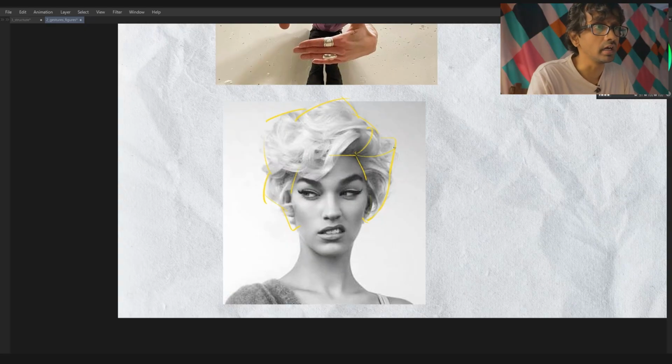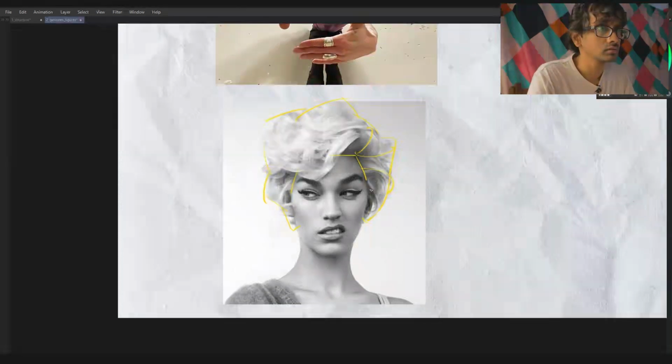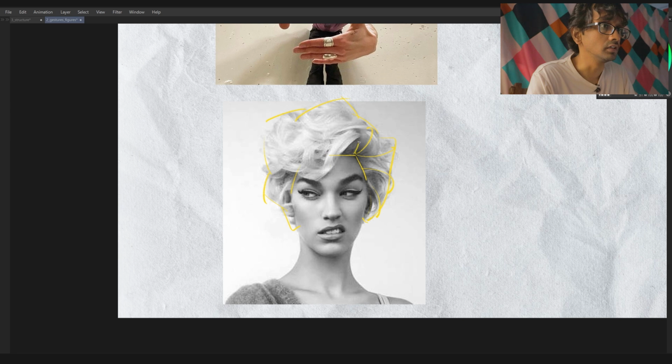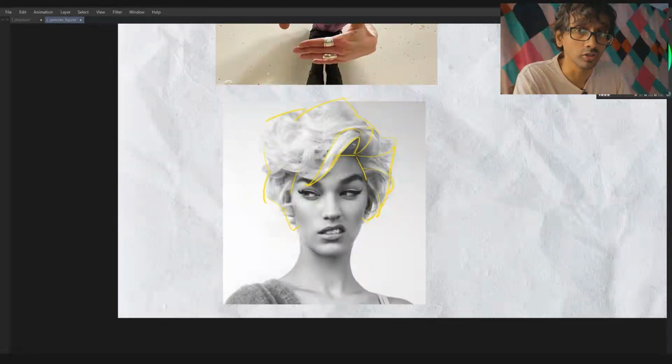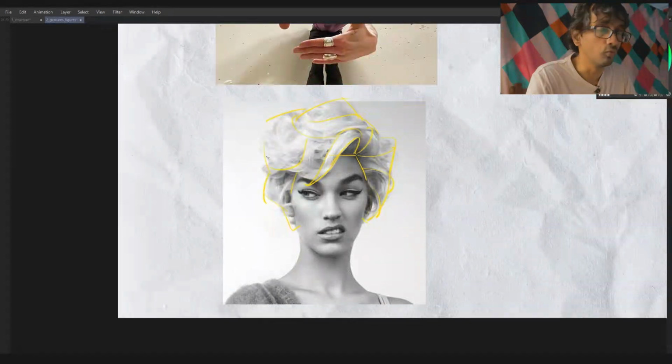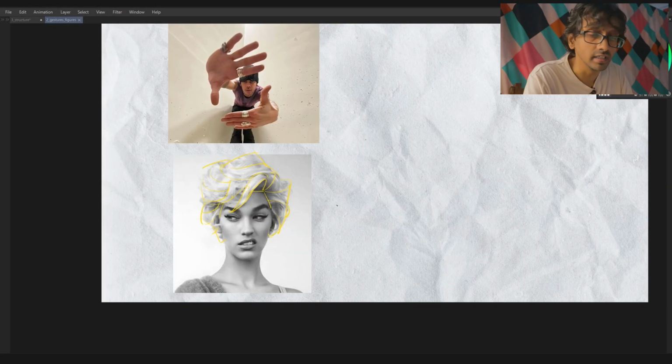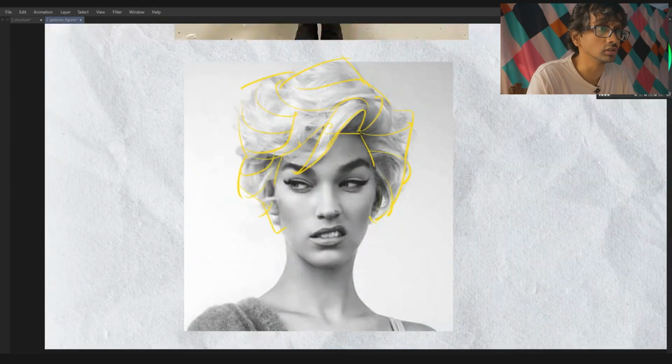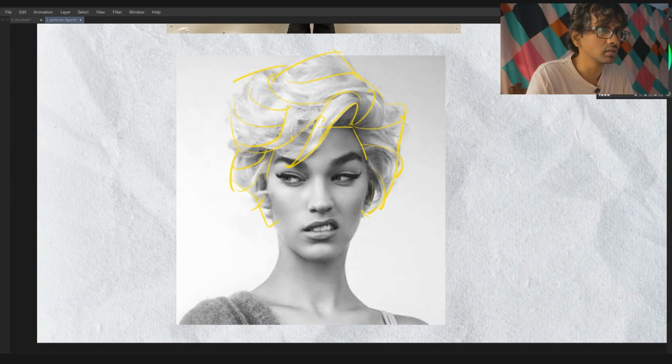All right, and if I add these contour lines, then it magically turns into 3D. It magically has this volume, has this weight to it. So everything has structure, even the nose, the mouth, the lips, okay, they all have structure.